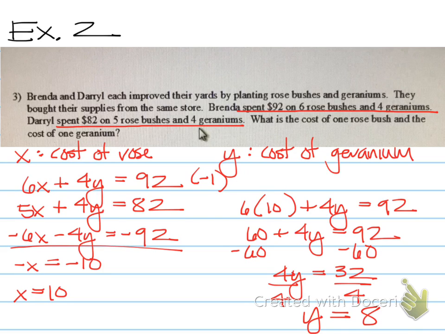Cost of geranium is $8. So it's $10 for the roses, $8 for the geraniums.